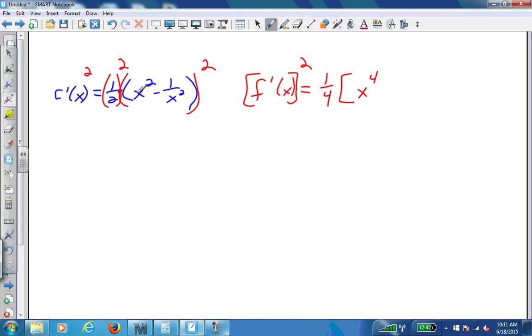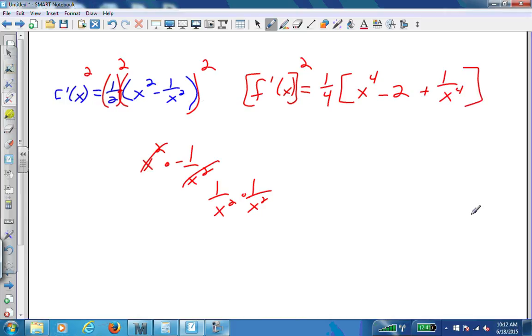The product of these twice: if we multiply these together, the x squareds cancel, giving us -1, so that twice. And then the last one squared. Negative times negative is positive, 1 over x squared times 1 over x squared, 1 over x to the 4th. A couple things we can do here. We can leave it like that, or we can try to get a common denominator.